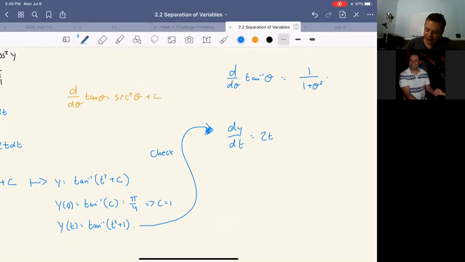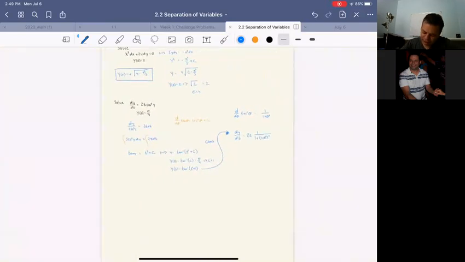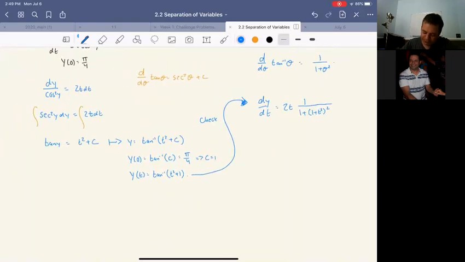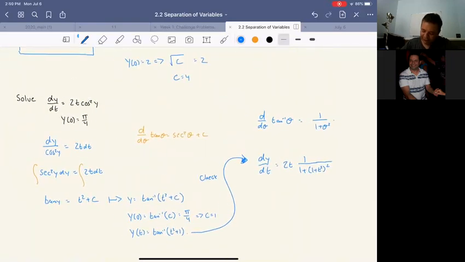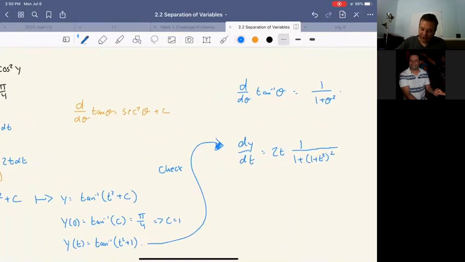And then it's going to be times 1 over 1 plus t squared. I hope. Okay, so now, yes, this is going to work.